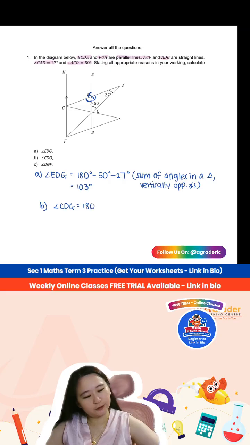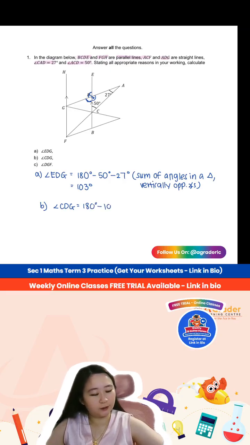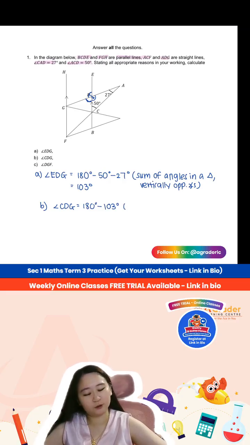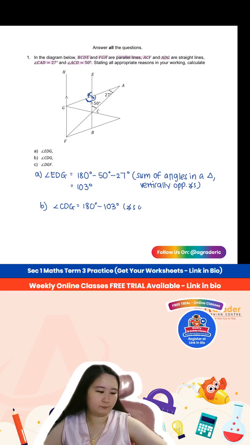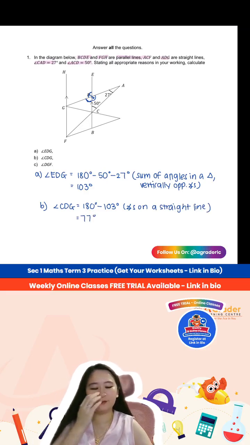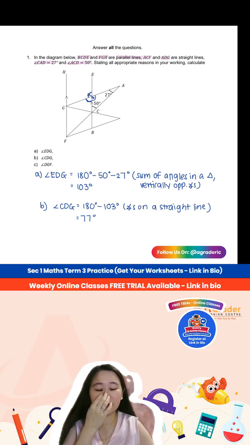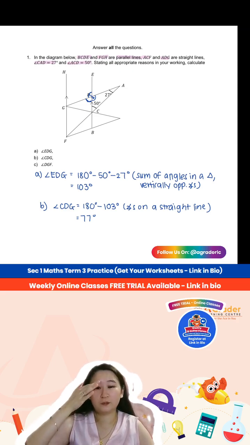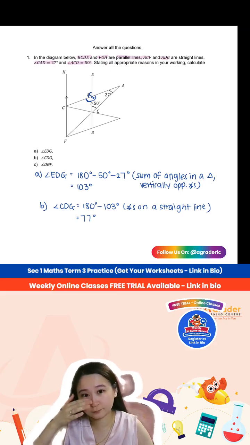If you take 180 degrees minus 103 degrees that you have found in part A, then it will be angles on a straight line. You get 77 degrees. Else, if you are using exterior angle, then the working will be 50 plus 27. Yep, 77 is correct.